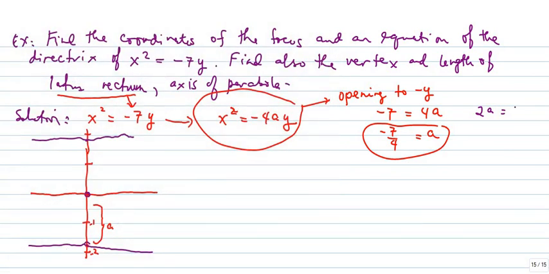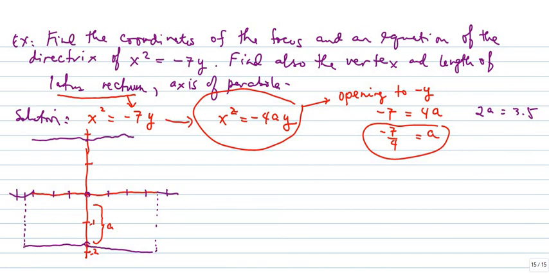So 3.5 on one side and 3.5 on the other side. We count here 1, 2, 3, 4, so 3.5 is located here, and the other side is 3.5 located here.